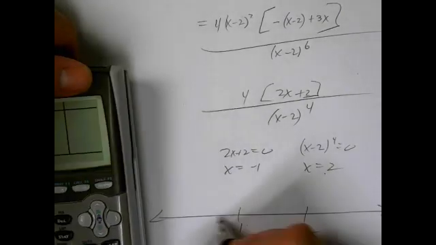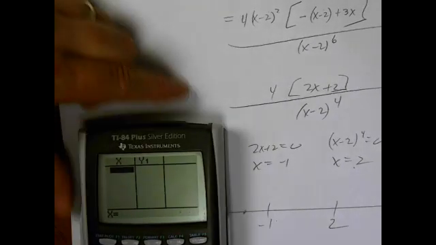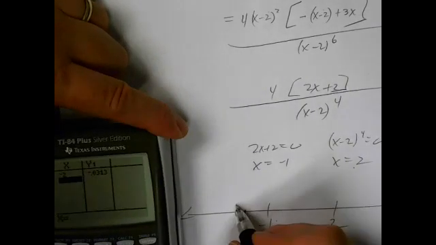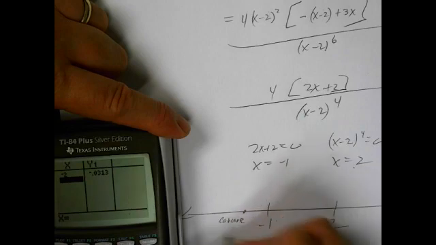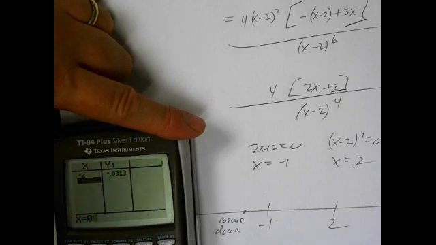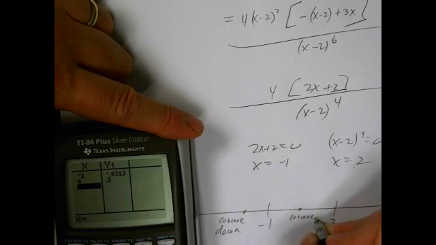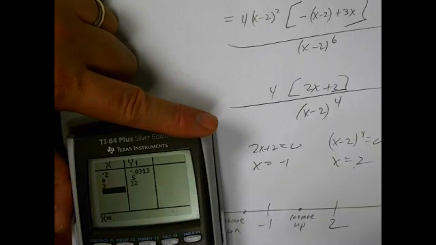Testing down here below -1 using a number like -2, I get a negative value, but it's not the negative that matters. It's the fact that this is concave down. Putting in a number like 0, positive, making it concave up. Put in a number like 3, and it's positive.